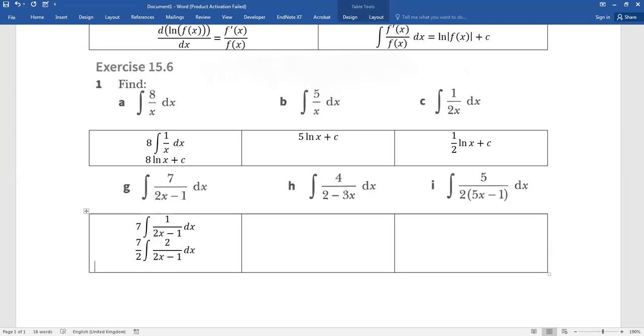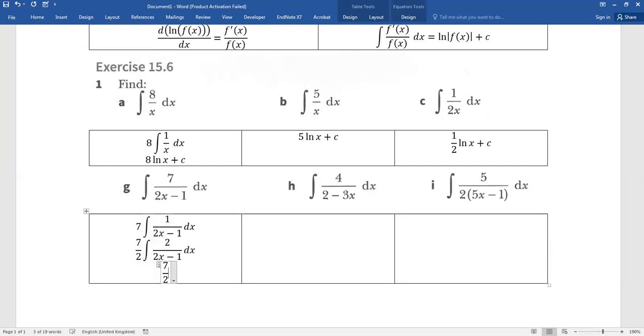Simplified, you can again get the same thing that was mentioned in the question. Is this right? Yes, sir. You have it in the particular form in which you have the function in the denominator and the derivative in the numerator. You write that ln 2x minus 1 plus c. Is this clear? Yes, sir.